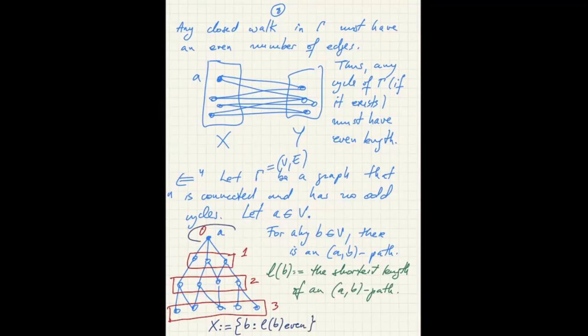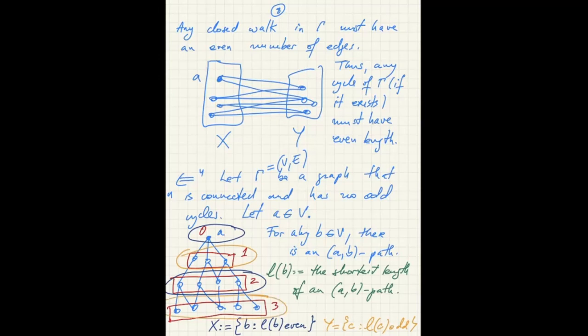So in this situation, it's A and this vertex here. And let's do Y: the vertices, let's call them C, such that L(C) is odd. And in our situation, you have the vertices at distance 1 and distance 3.